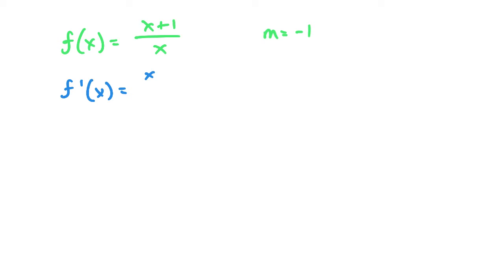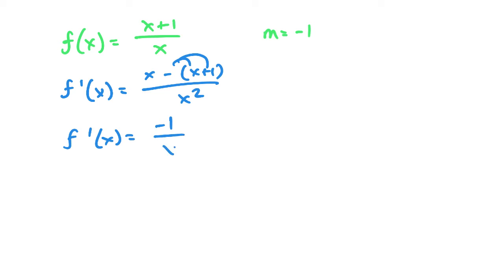To take the derivative, it's low times the derivative of the high, which is just 1, minus high times the derivative of the low, which is just 1, all over low squared. So f prime of x is equal to x minus 1, which ends up being negative 1 over x squared.